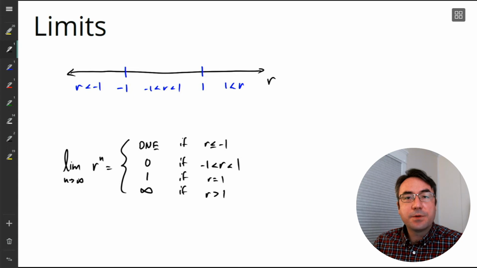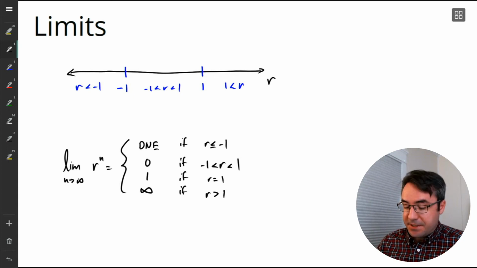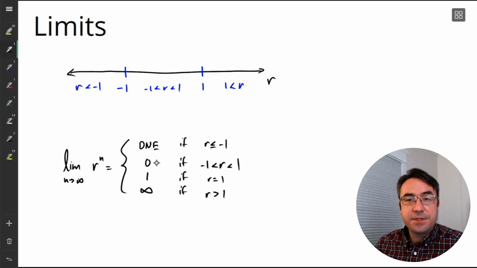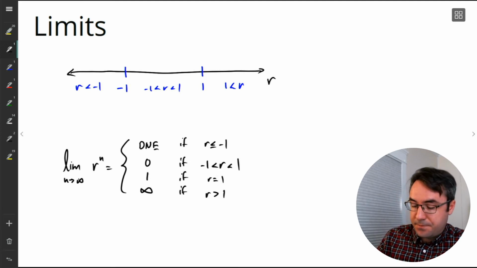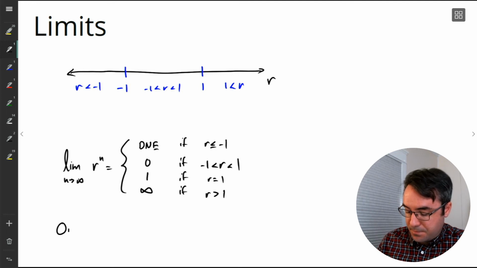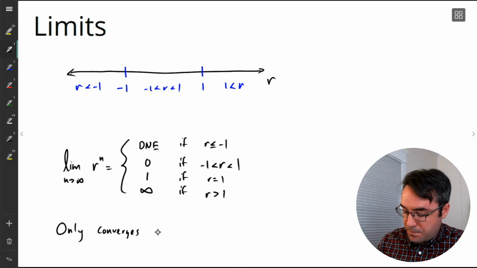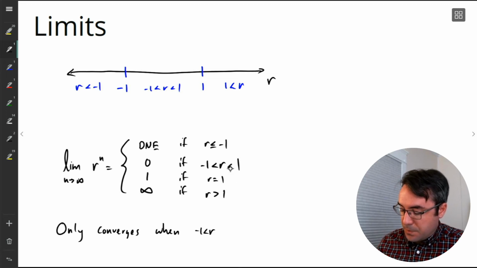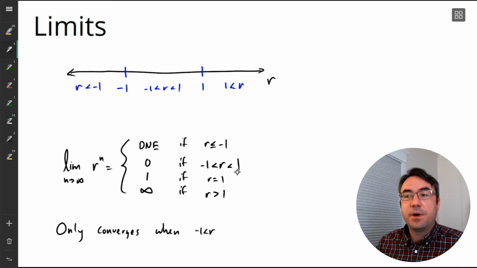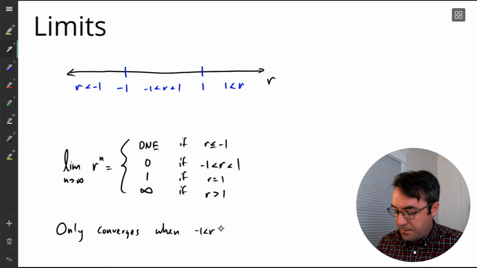And so really what we're seeing here is this sequence only converges to a number when we have these two possibilities. So r had to be greater than -1, but less than or equal to +1.